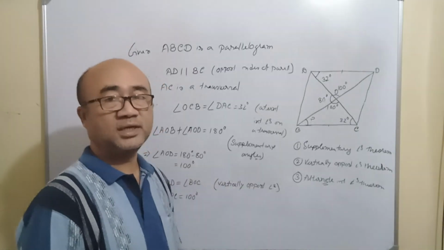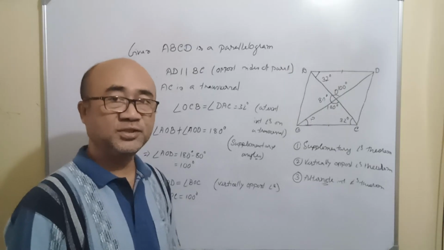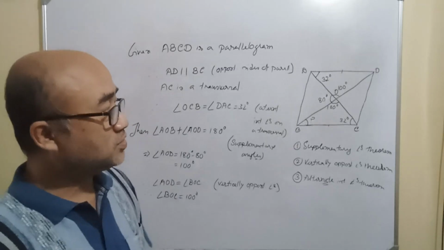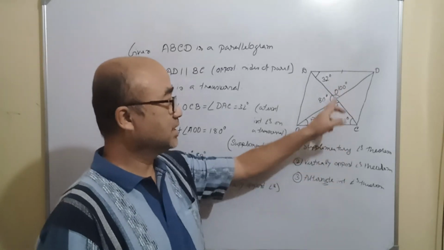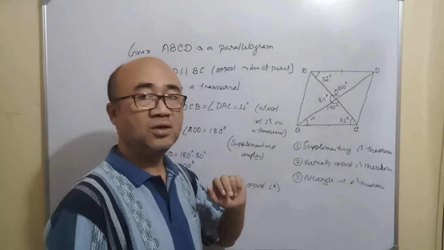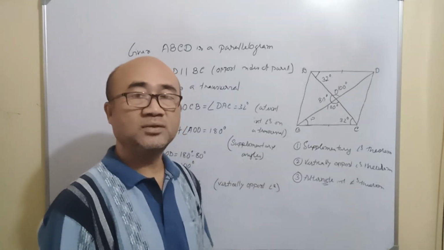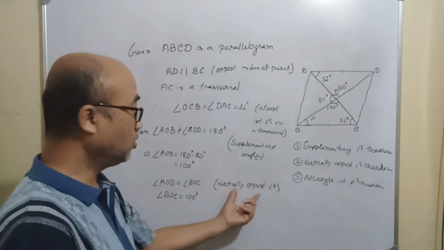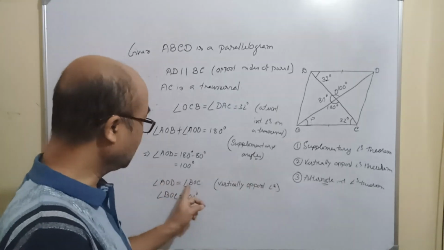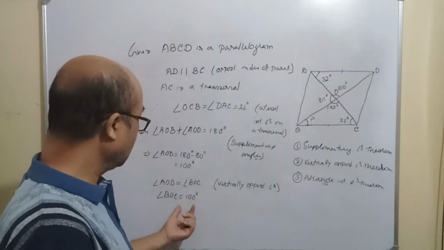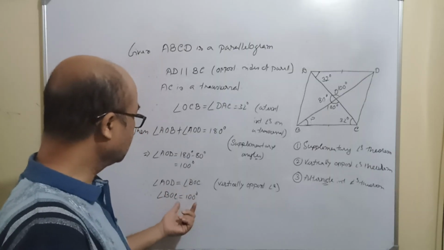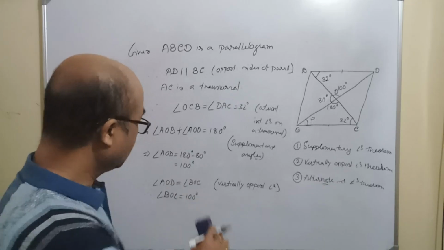When two straight lines intersect each other, the vertically opposite angles created like this are always equal to each other. That is the theorem. So BOC is equal to 100 degrees.